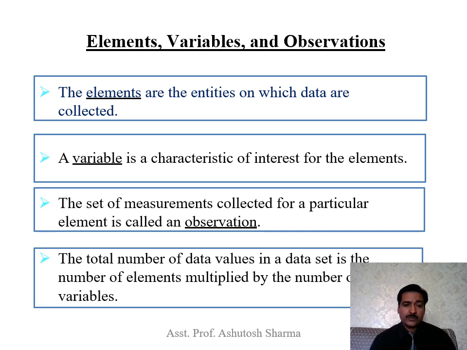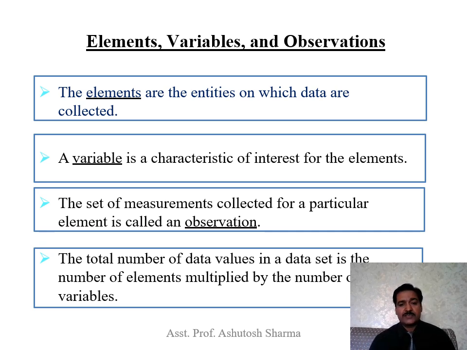Further, a variable is a characteristic of interest for the element. I just gave you an example of collecting information about feedback. The questions you have included in your questionnaire regarding the feedback would be considered variables.